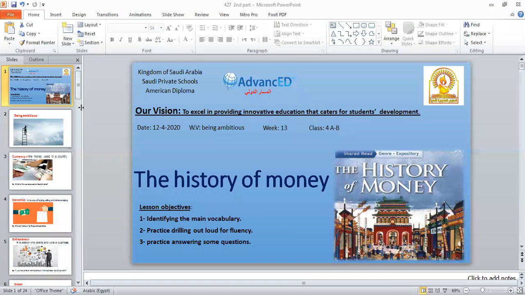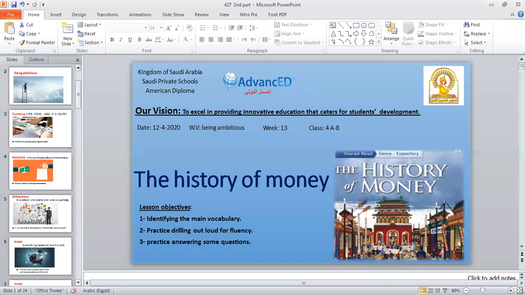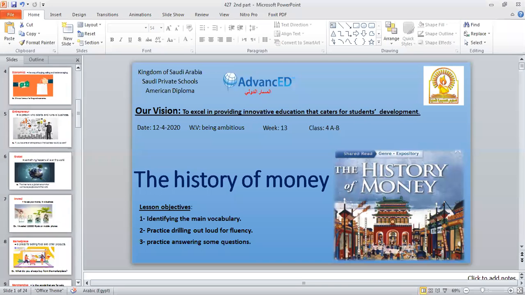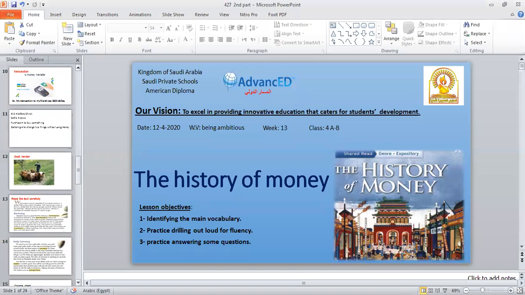Before we start the part for today, let me revise with you by reading the previous parts, because all these parts are attached together. The first part is linked to the second part, and the information in the second part is strongly linked with the third and fourth parts.